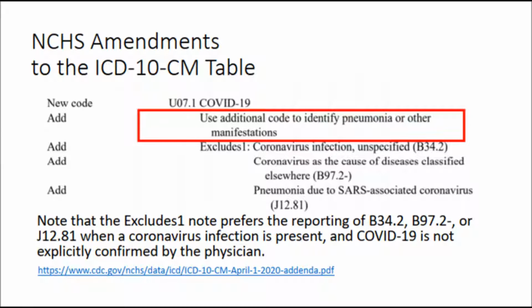Add: pneumonia due to SARS-associated coronavirus, J12.81. Note that the excludes 1 note prefers the reporting of B34.2 and B97.2, or J12.81 when a coronavirus infection is present and COVID-19 is not explicitly confirmed by the physician.